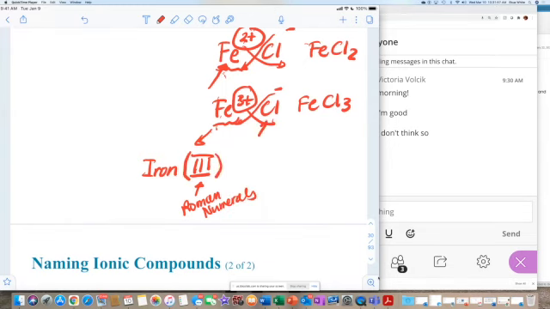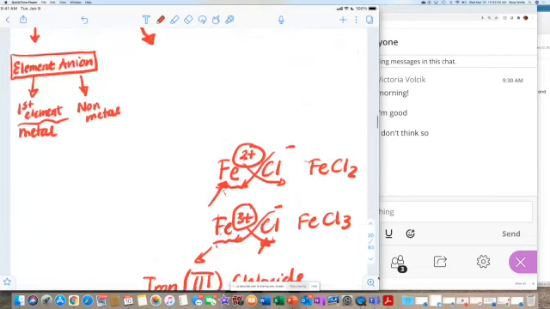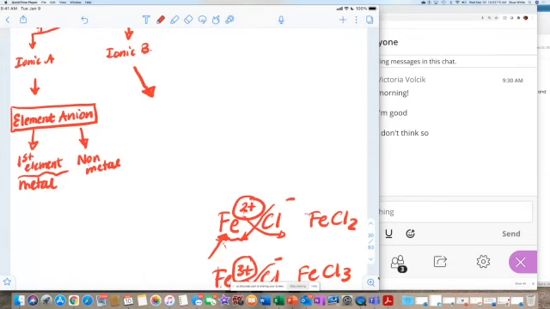And then the Cl, the non-metal, anion, chloride. So iron 3 chloride to specify the charge, right? So here, the format of nomenclature is we'll name the first element, the metal, as an element. We will specify the charge, and then we'll name the last part as an anion.